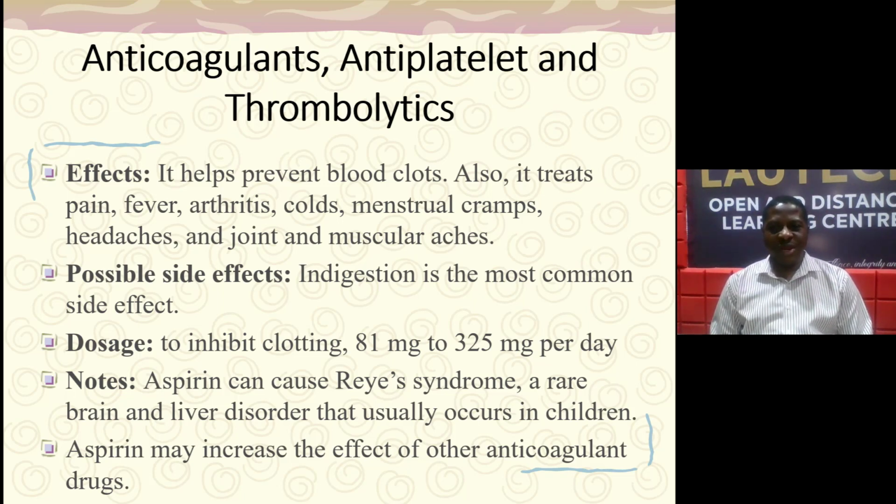Aspirin may also increase the effect of other anticoagulant drugs. That means when you take aspirin alongside other anticoagulants, aspirin has the tendency of increasing the effect of these other anticoagulant drugs.